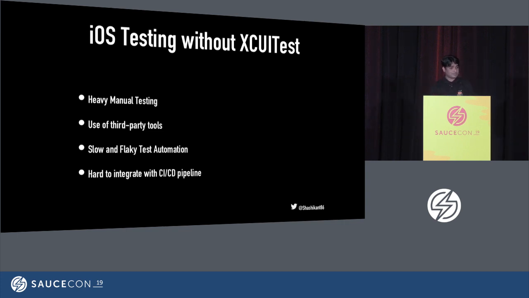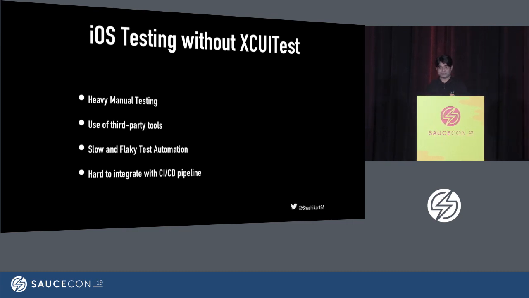And this is the case for iOS for most of the reason, because the people who develop the apps use Swift or Objective-C, and the QA team who writes the tests in Appium or Calabash or any third-party tool use Java, .NET, Python, Ruby, whatever language of their choice. And what happens then is it creates a huge technology gap between developers and QA.